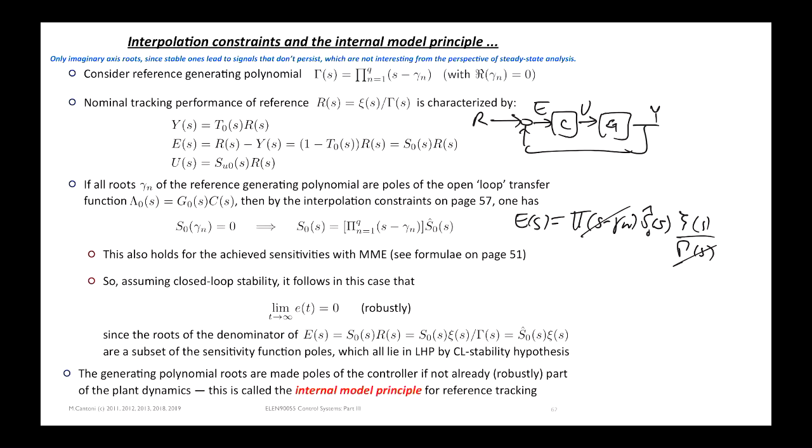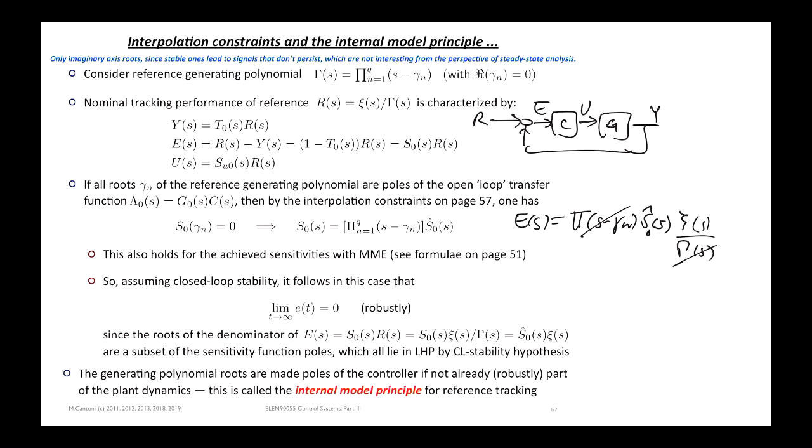So really, what we're saying is that if the generating polynomial roots are made poles of the controller, or if they are robustly poles of the plant, then we will get 0 steady state tracking error.